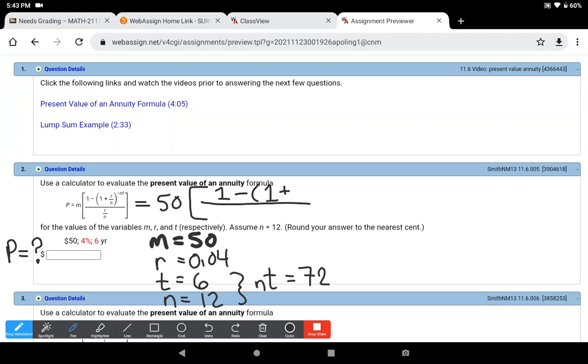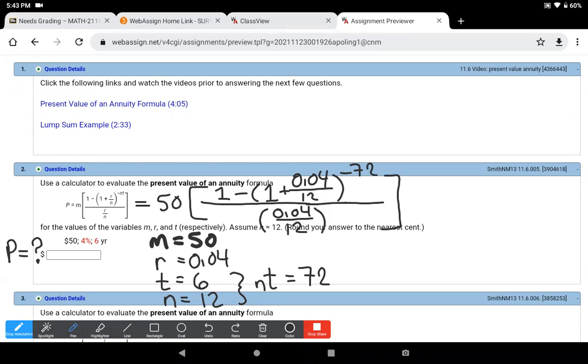And then R is 0.04 over N, which is 12. And then we raise it to the negative NT, so negative 72. And then we divide by 0.04 itself divided by 12.